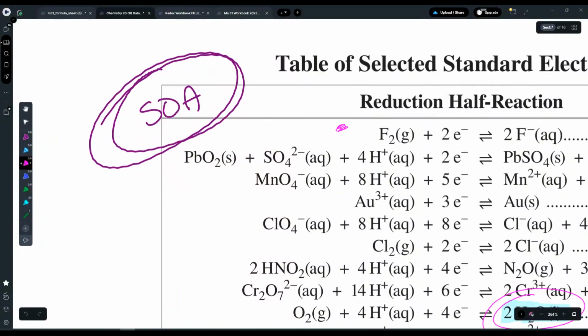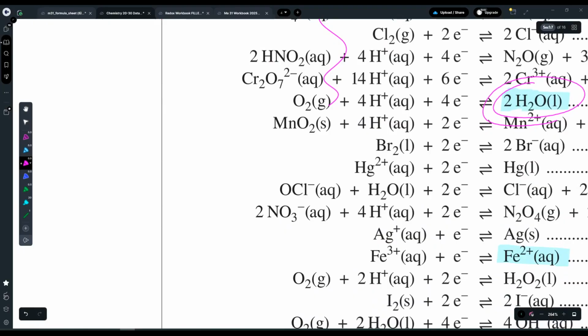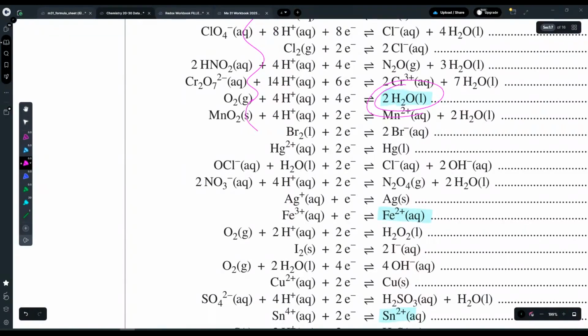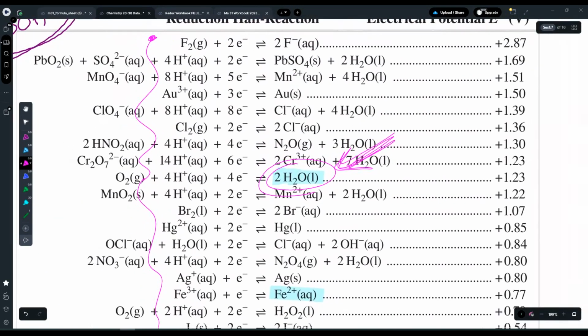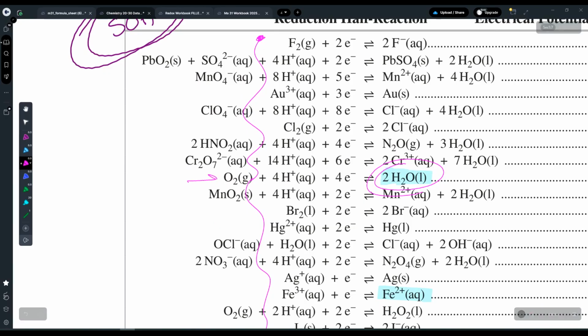So I'm taking my finger and tracing it down until I run into my first oxidizing agent. I'm not going to stop at this reaction here at positive 1.23. Yes, I do have water in my species list, however, that's on the reducing agent side. I'm trying to figure out my strongest oxidizing agent, so I'm not stopping at this reaction.